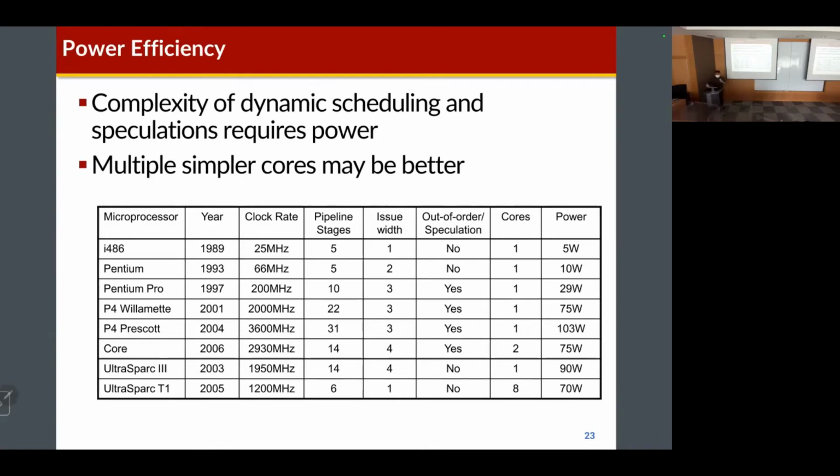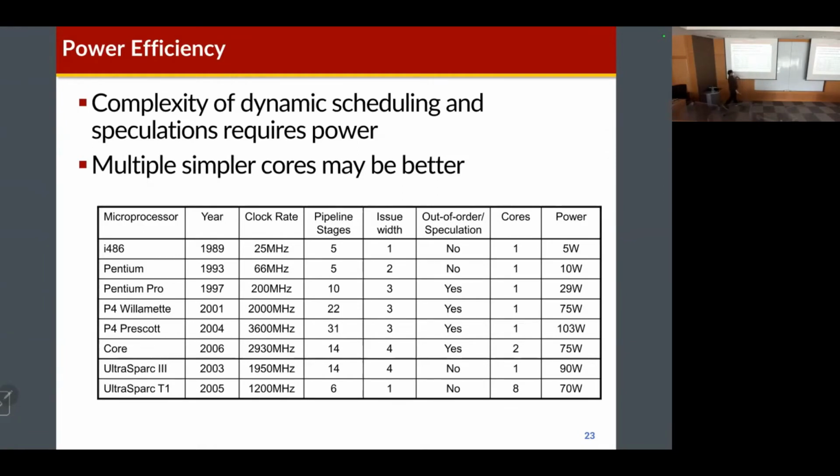So if you see this table, you can find the 80486 processor, which came out in 1989. The number of pipeline stages is just 5. If you see the Pentium processor, the number of stages is also 5.